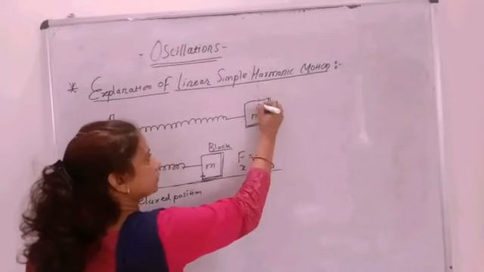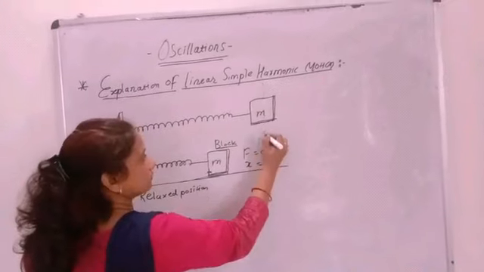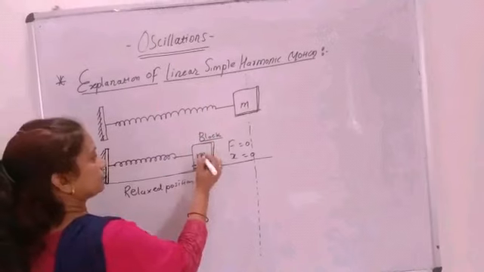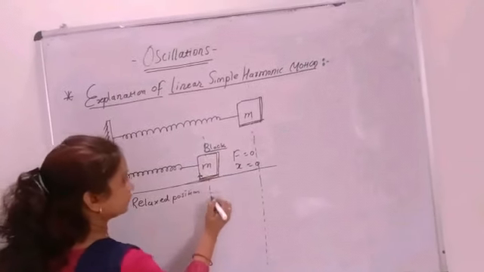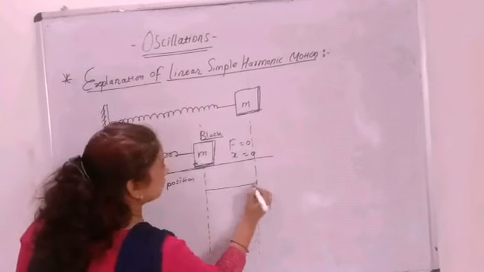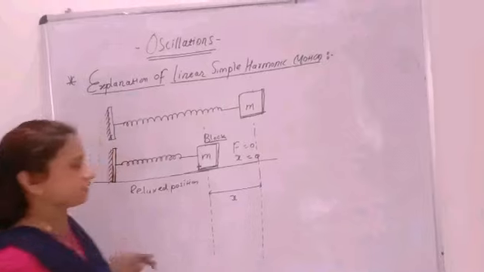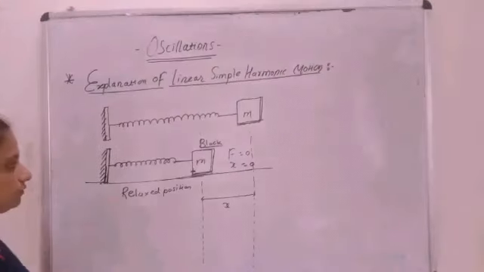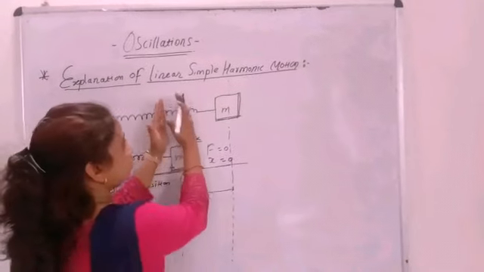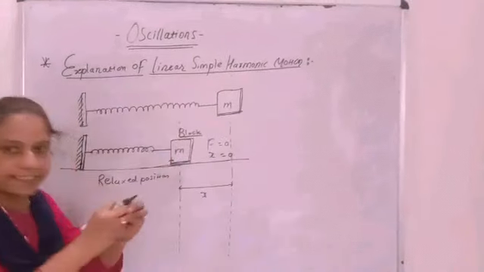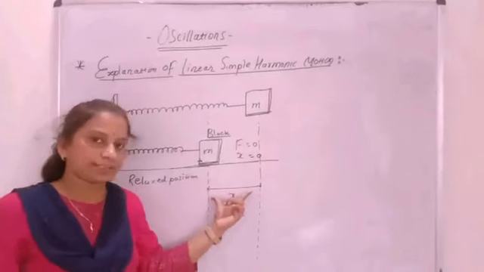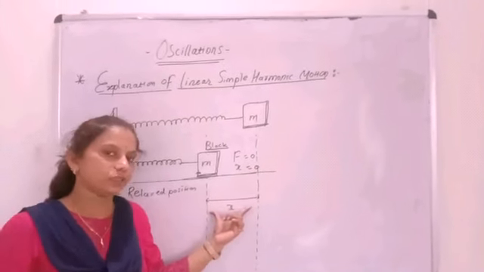A displacement takes place here. The block is moved to the right side when the spring is stretched. That displacement is denoted by x.